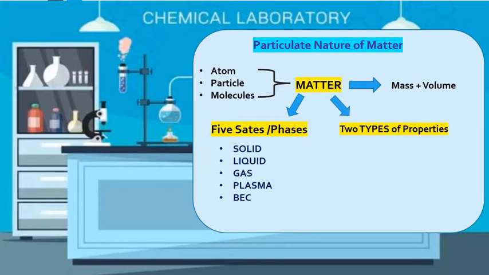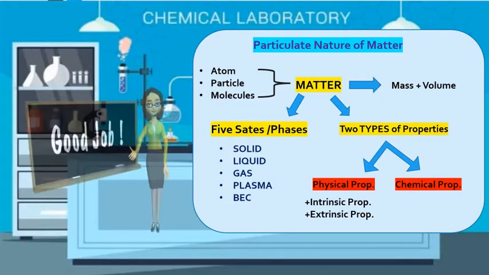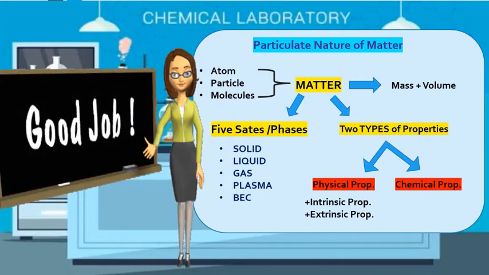Now, matter has 2 types of properties, which are physical property and chemical property. The physical property has also intrinsic property and extrinsic property. Alright, so way to go. Good job, guys, for answering it perfectly.